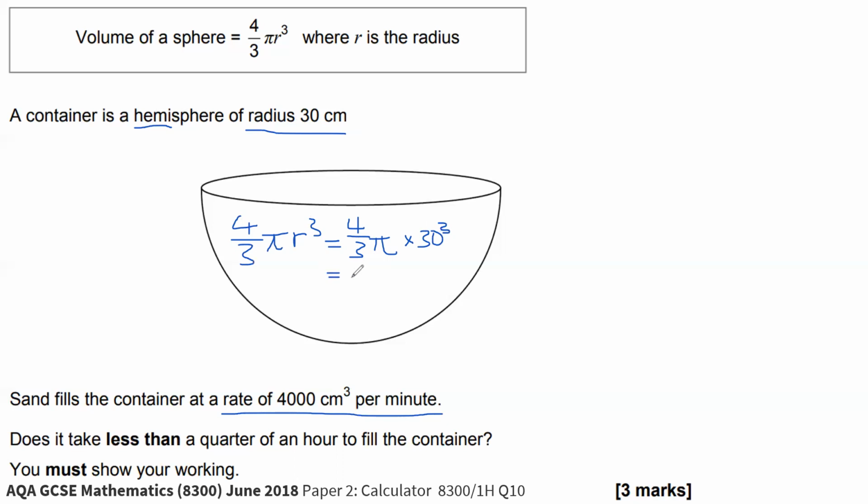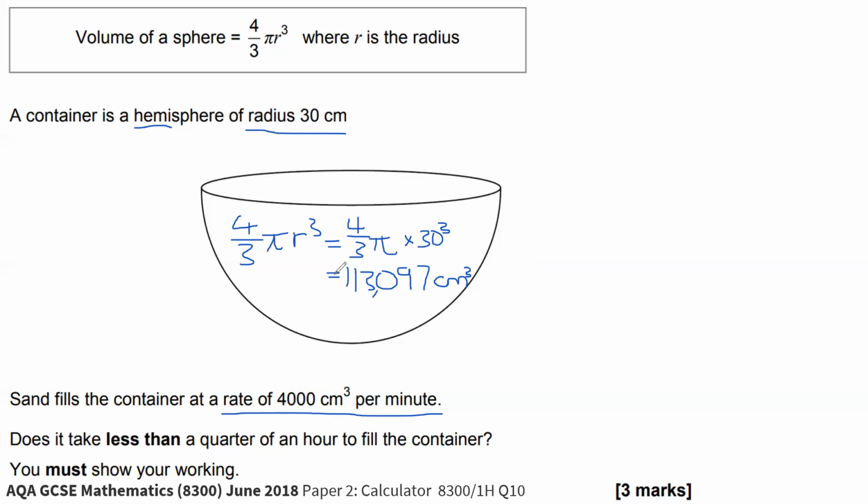And if you do this calculation, then you get an answer of 113,097 to the nearest whole number. And the units for this are centimeters cubed. Because we've cubed the value, we also need to cube the units as well. So in that case, we're going to end up with centimeters cubed, which is of course the units of volume. So all ties in nicely.